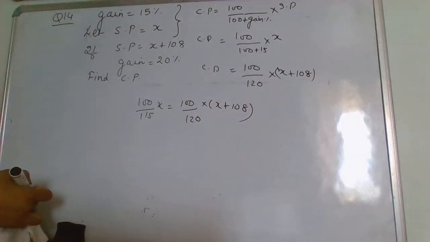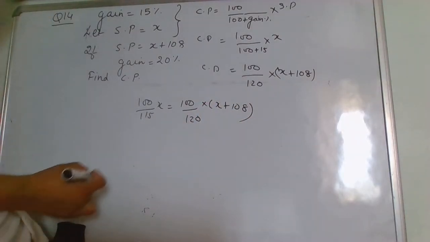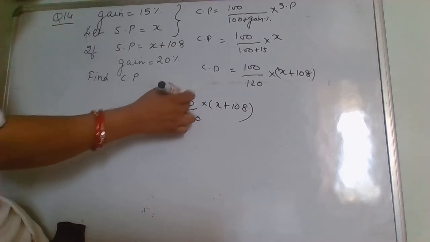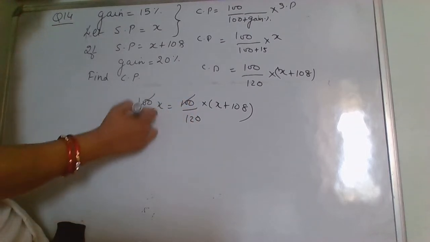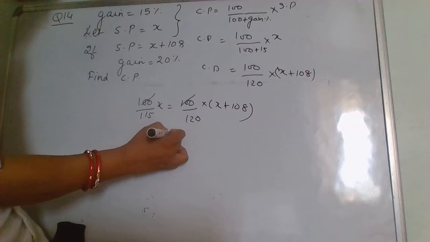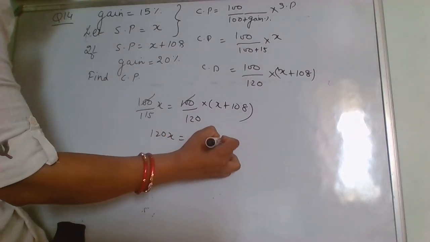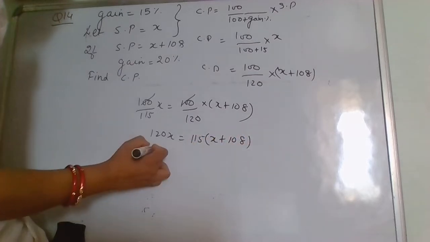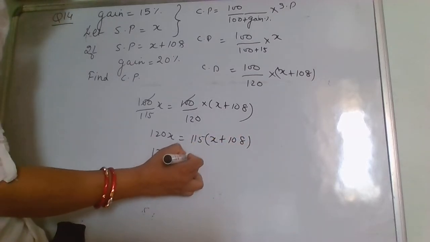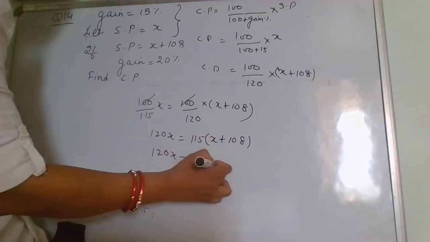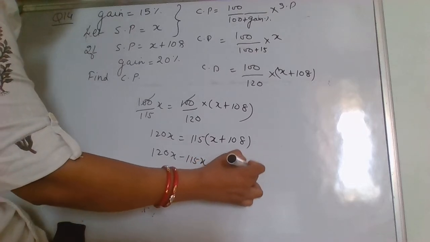Now we can solve for x like this. The 100 and 100 are eliminated. What comes out is 120x is equal to 115 into x plus 108. So 120x minus 115x is equal to 115 into 108.